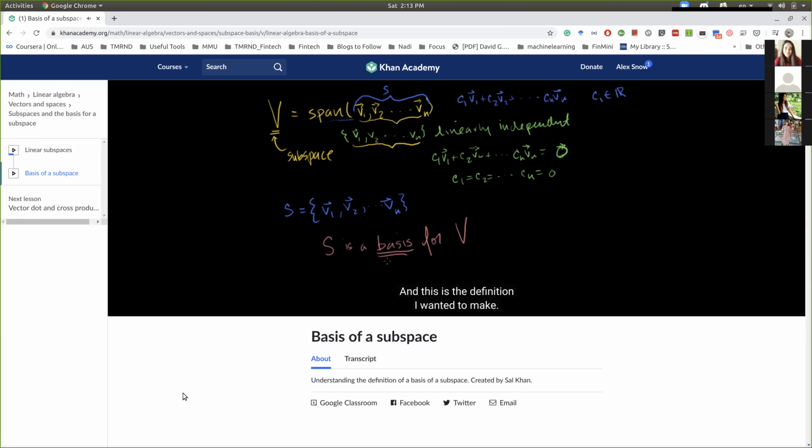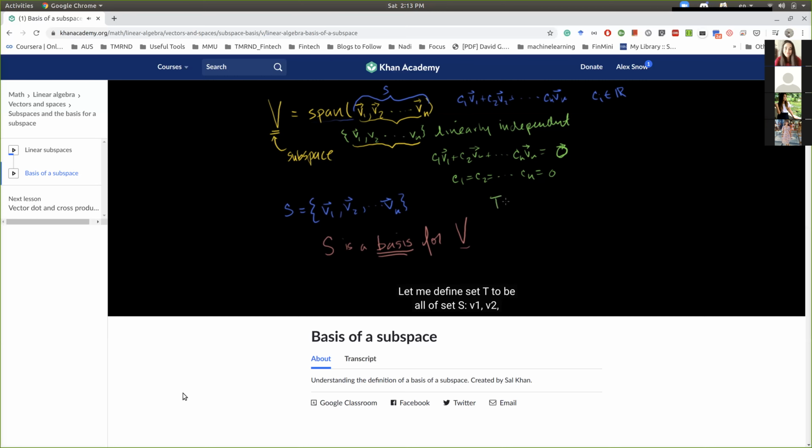If something is a basis for a subspace, that means that if you take the span of those vectors, you can get to any of the vectors in that subspace, and that those vectors are linearly independent. There's a couple of ways to think about it. One is there's a lot of things that might span for something. For example, if this spans for V, then so would another set.